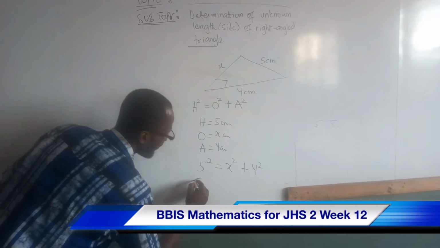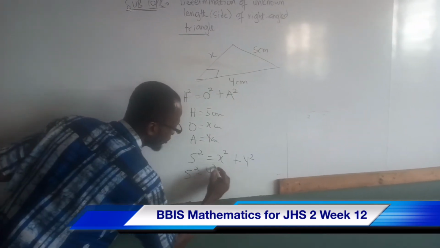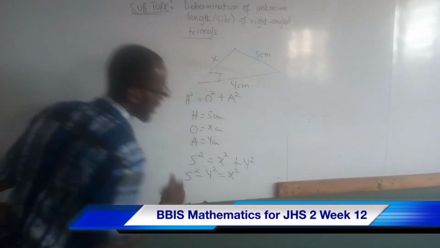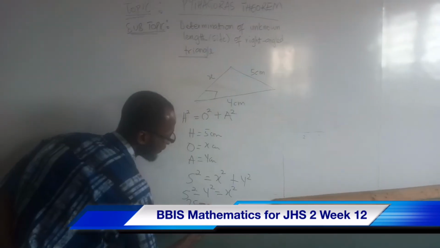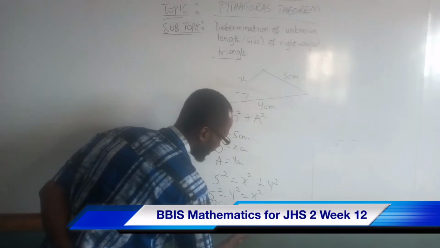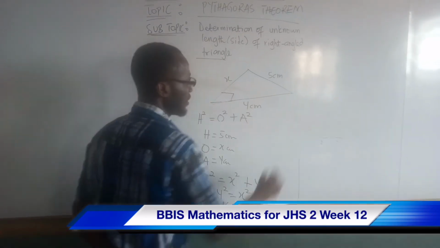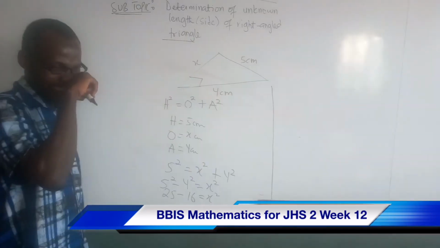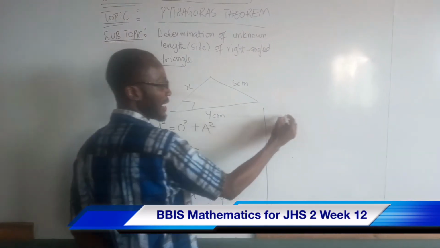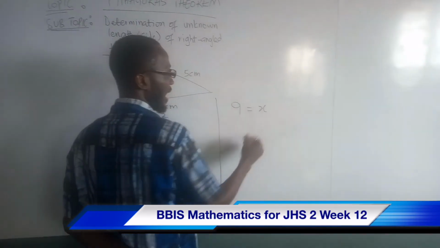So we have 5 squared minus 4 squared is equal to what? X squared. Good. So 5 squared gives us what? 25. Minus 4 squared gives us what? 16 is equal to what? X squared. So let's come back here. 25 minus 16 is going to give us what? 9 is equal to x squared.